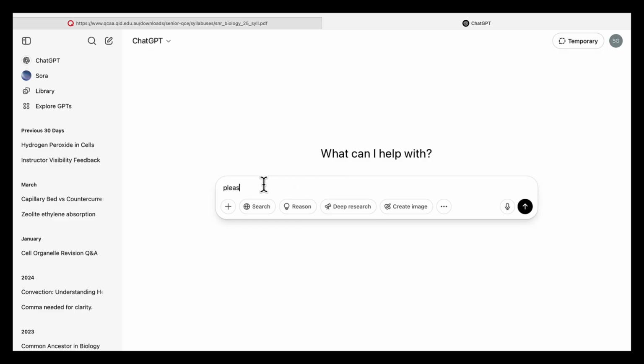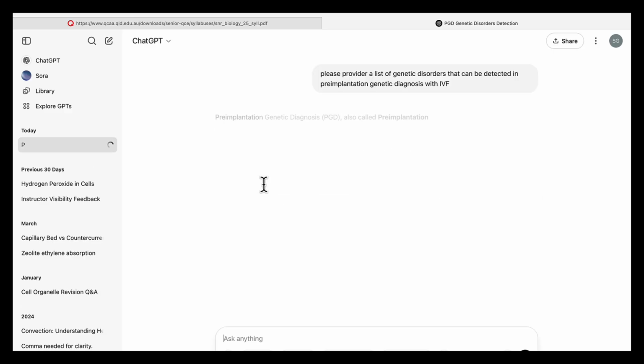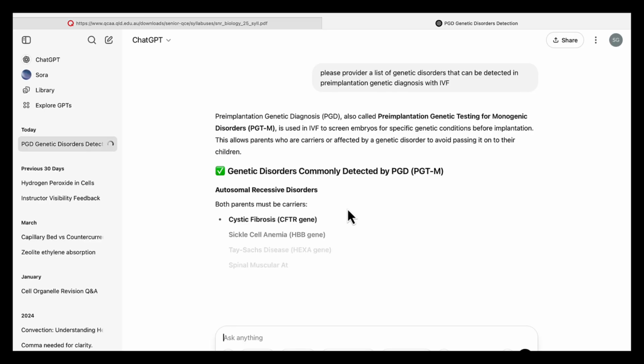Please provide a list of genetic disorders that can be detected in pre-implantation genetic diagnosis with IVF. Okay, so this gives us a bit of a starting point.